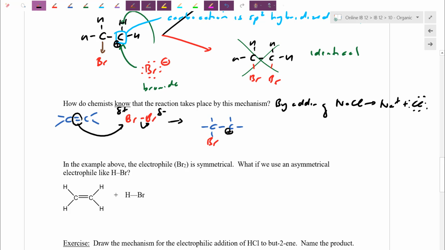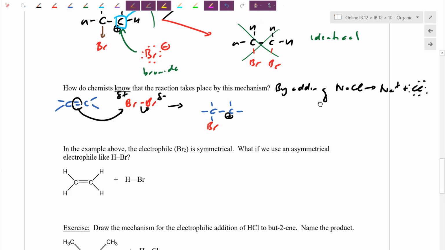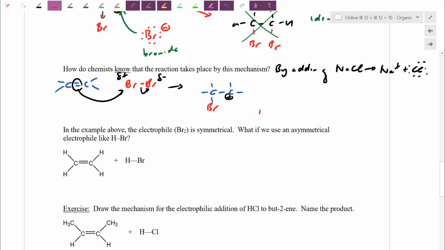Now, earlier when it was just bromine in solution, it's only bromide ions that add. This time, when we actually test for it, yes, sure, there are still bromide ions. Yes, sure, there's going to be a lot of them that actually end up having two bromines across that double bond. But because I also have Cl minus, Cl minus can also add itself. Well, it is a positive charge. I can attack on top or below.